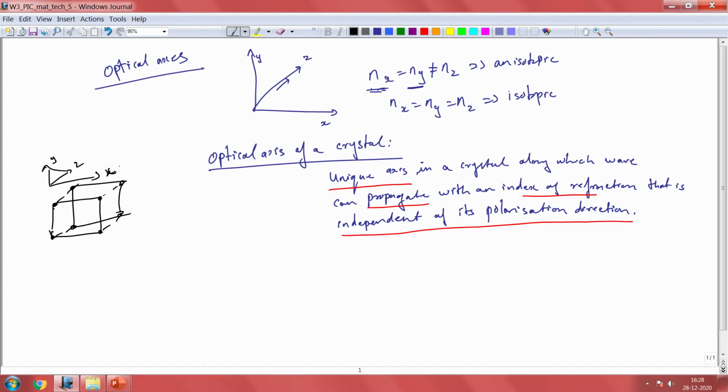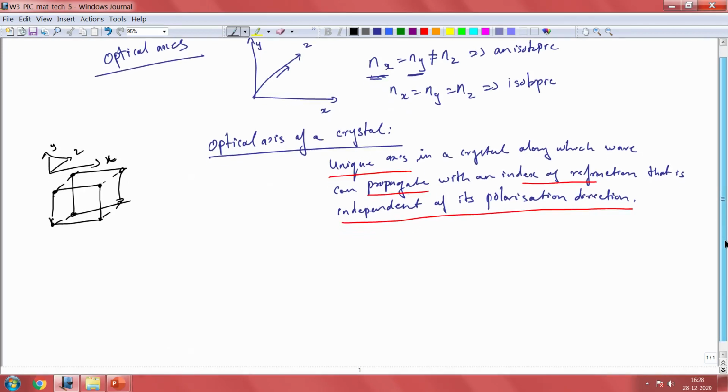So, this is rather physical in nature, but when it comes to the optical axis, our definition is slightly different. It is not any axis, it is a unique axis whose refractive index is independent of the polarization of the light propagating through.